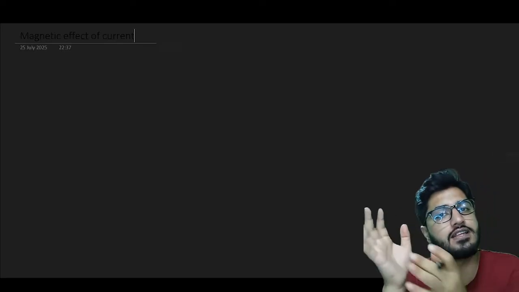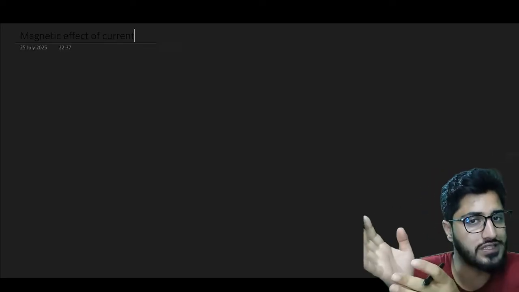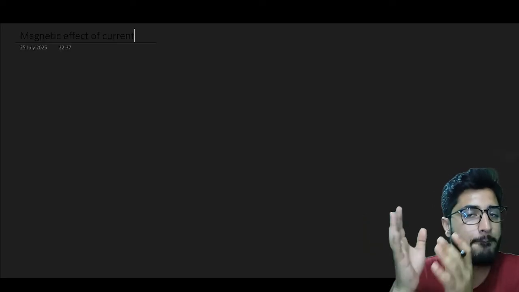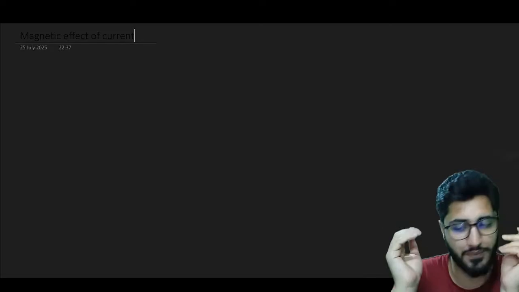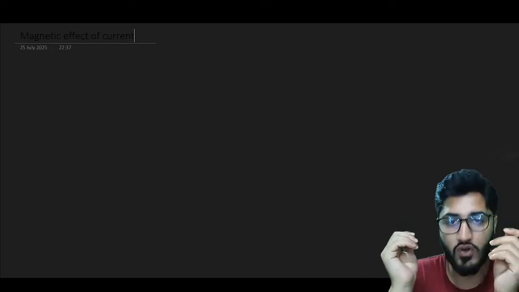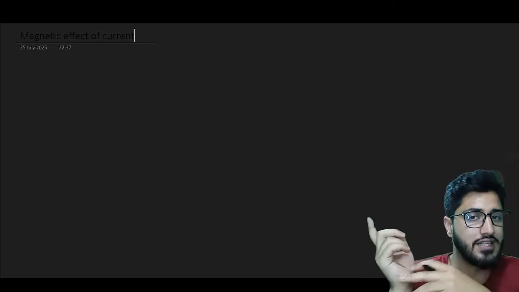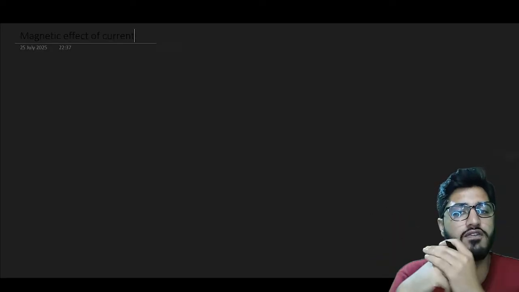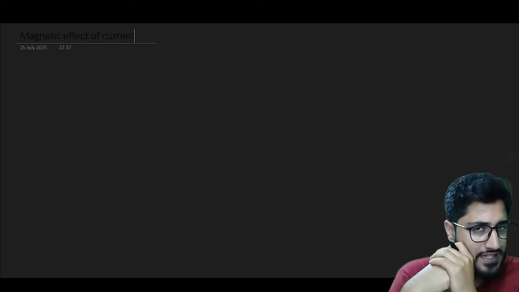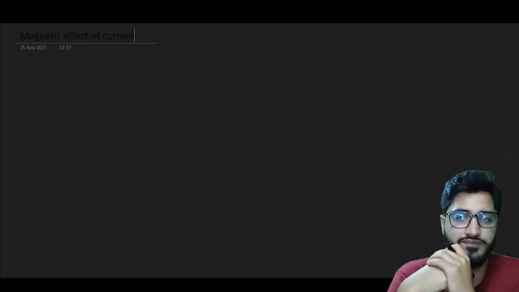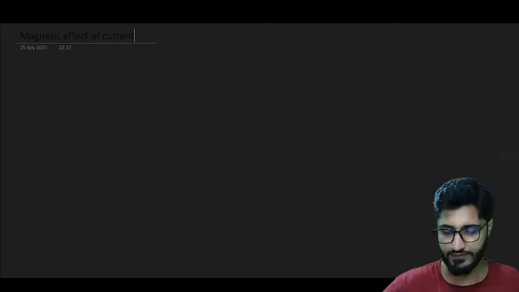You will find the effect of electrostatics, current, magnetism, and capacitor in this particular chapter. If you have not taken those chapters seriously, definitely you will find some confusion and some issue with this chapter. I will not take too much of your time. So let's start.